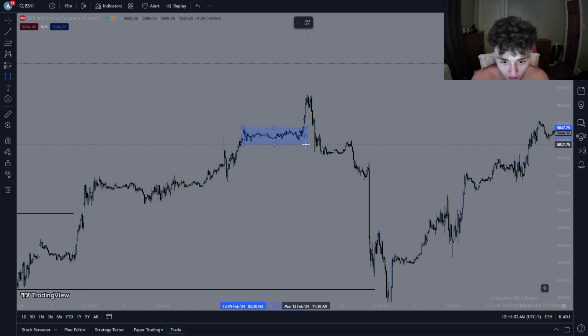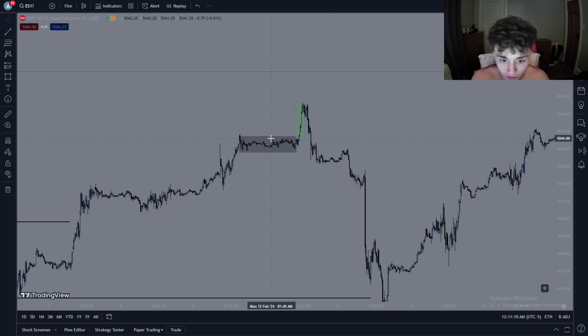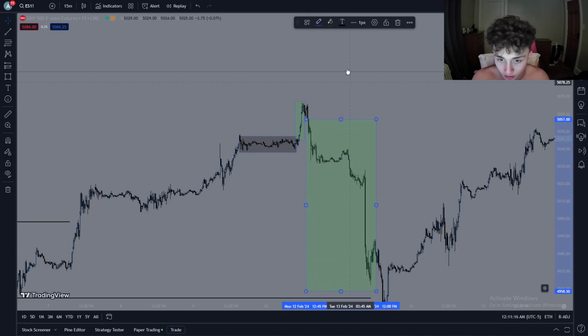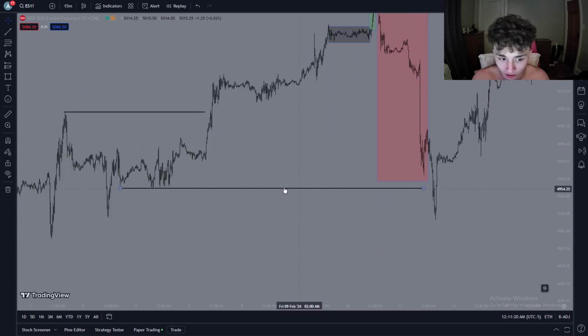Once you do it enough, you're going to find these setups. And this is a high confluence setup. You got the accumulation, the manipulation, and what does it do? It completely distributes down to all of that generation of sell side liquidity, down to these all equal lows. It even sweeps out this one right here.